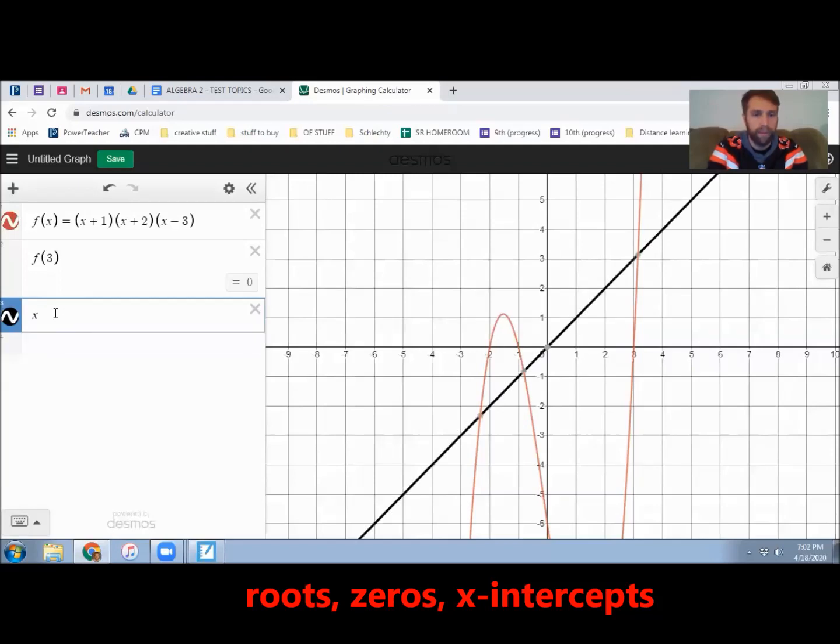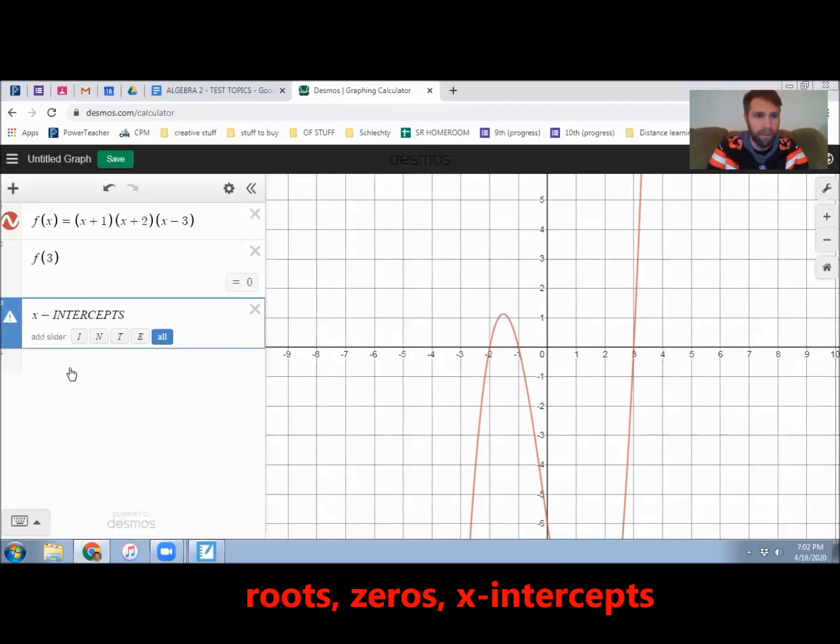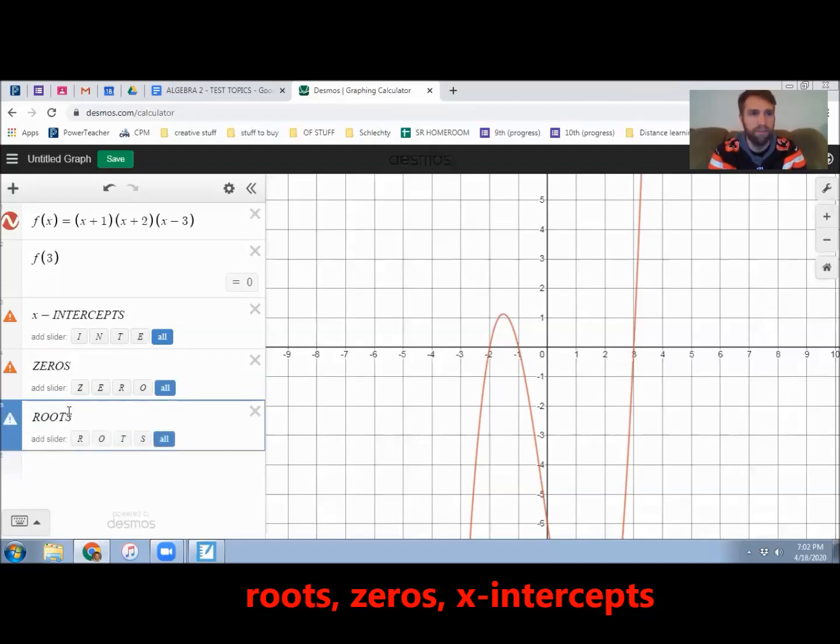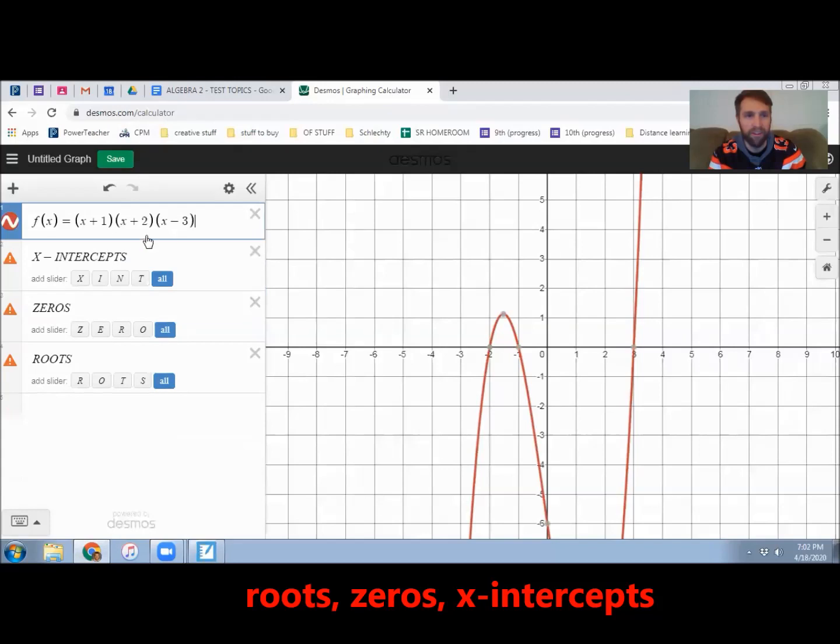Or these are our zeros, or these are our roots. Now we have a couple of vocab words for what these are called here.